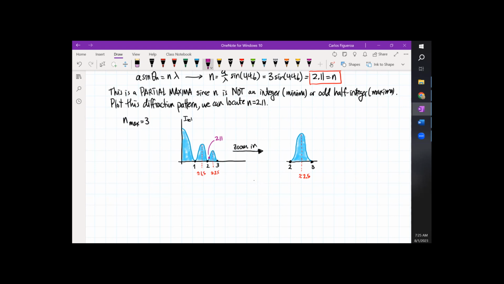So when I look at this thing, this is 2.11.